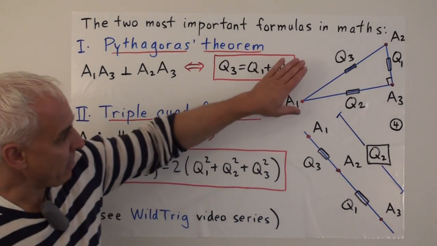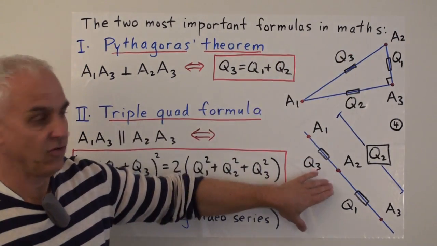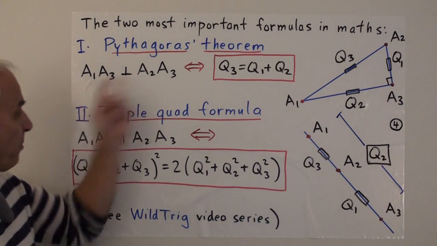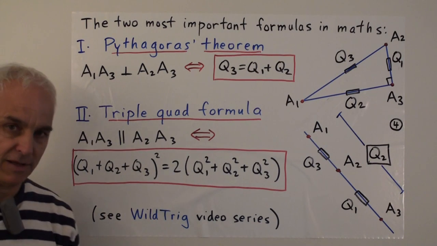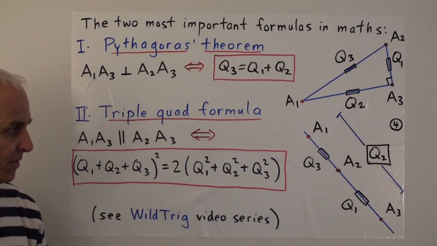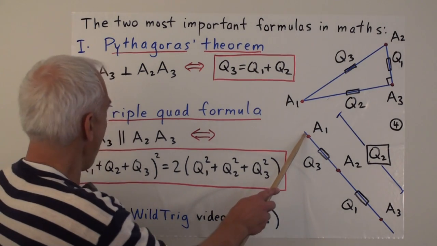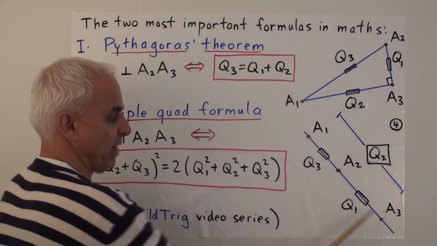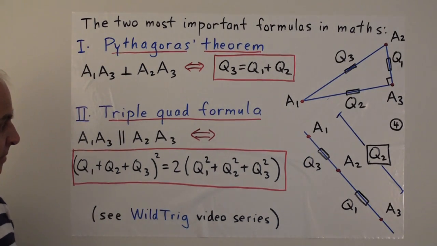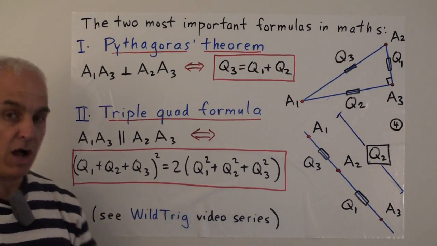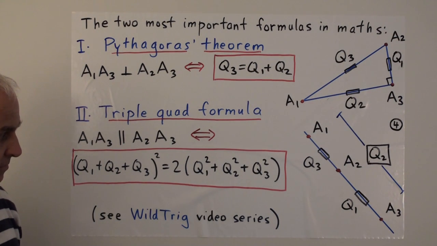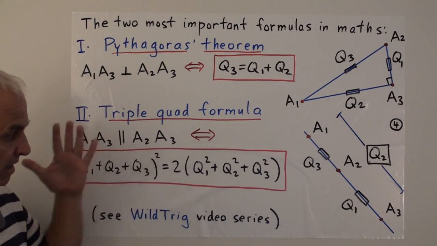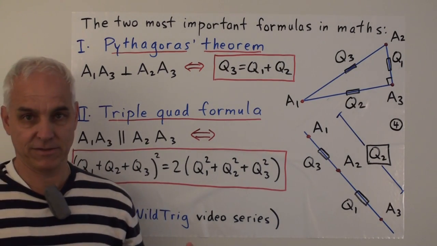It's very much an analog of Pythagoras' theorem, where the perpendicularity between these two sides is replaced with a parallelism between these two sides. So that A1A3 is parallel to A2A3 precisely when this more complicated relation holds between the three quadrances.